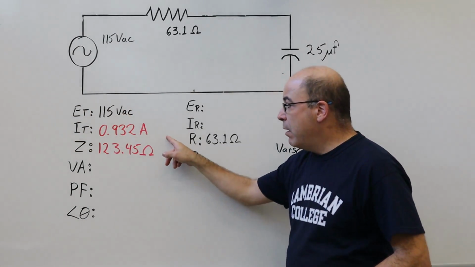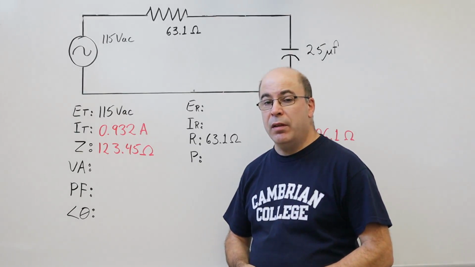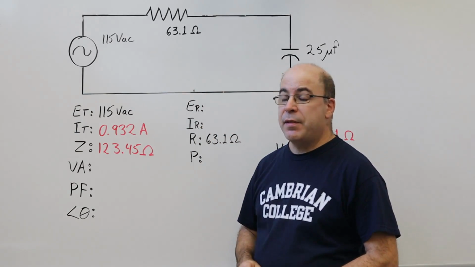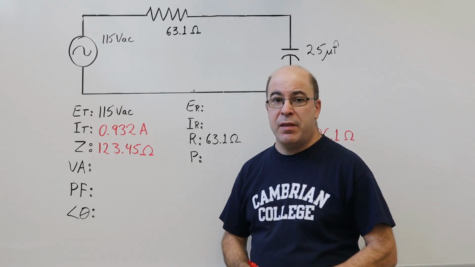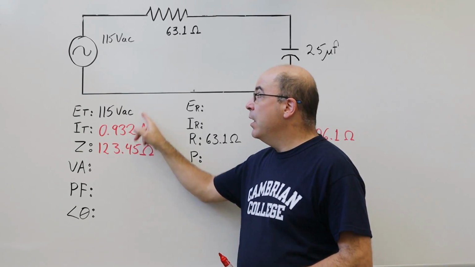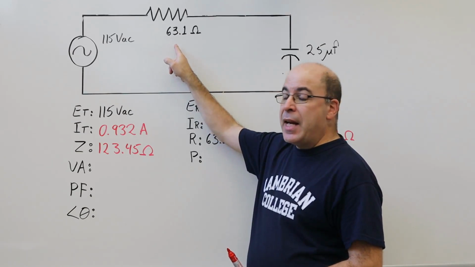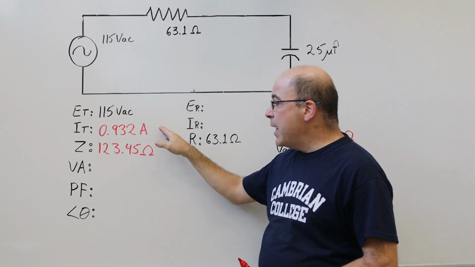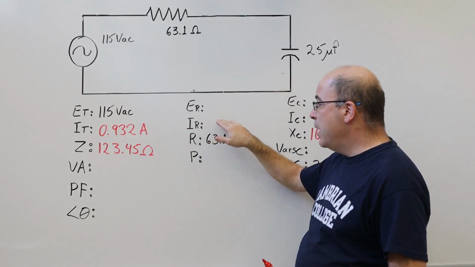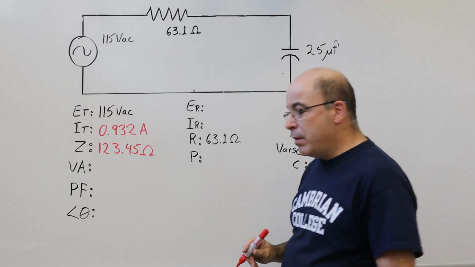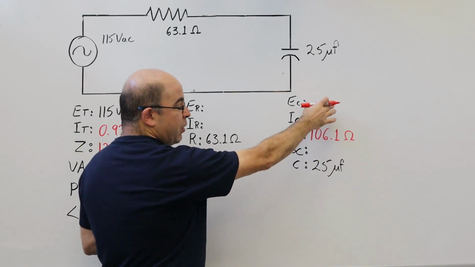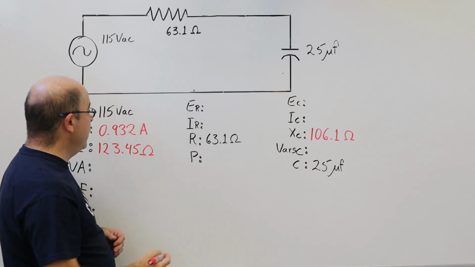Now that we've calculated the value of current for the entire circuit, due to the fact that this is a series circuit, and one of the properties of a series circuit is that the current will be the same at any point in the circuit, I could take this value now and transpose it and add it to the missing values across the resistive component and across the capacitive component.